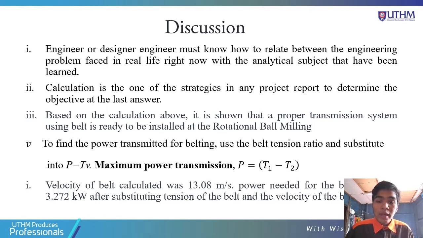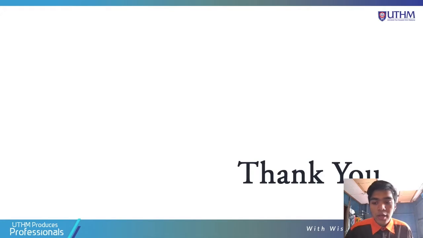And also we get the power needed by the belting to go through the rotational ball milling, which is 3.272 kilowatt, after we substitute all the tension formula into the formula of power transmission. So that's all from me for the calculation of this report.